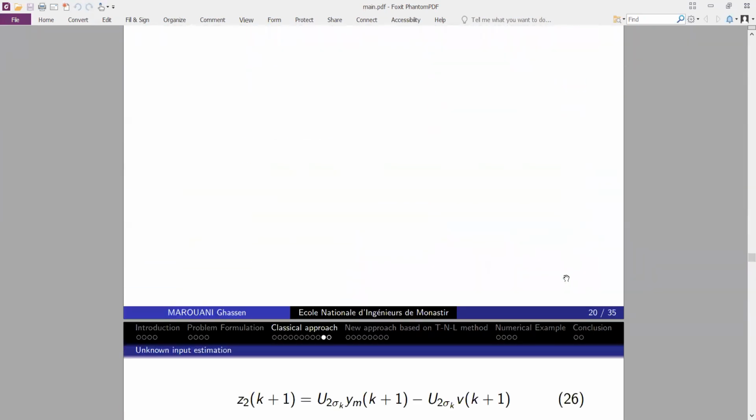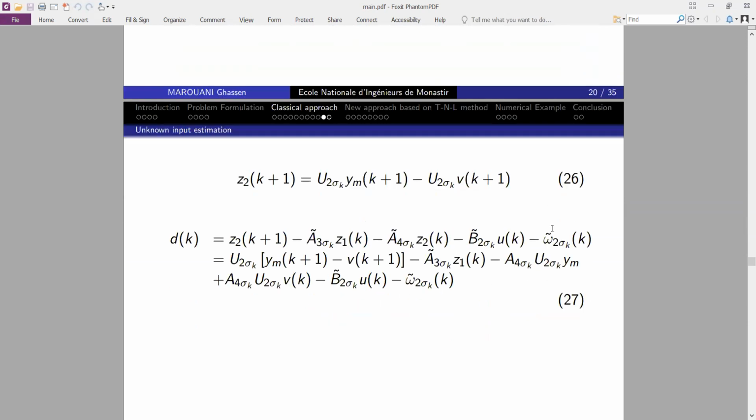Now we have to determine the expression of the unknown input as a function of Z2. We have as a result this equation.